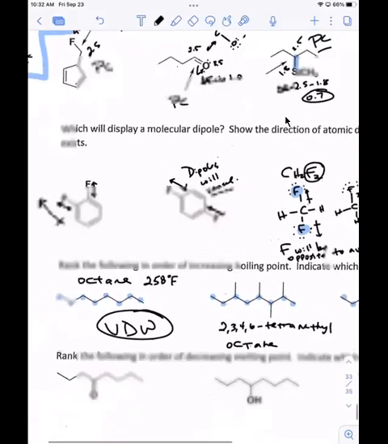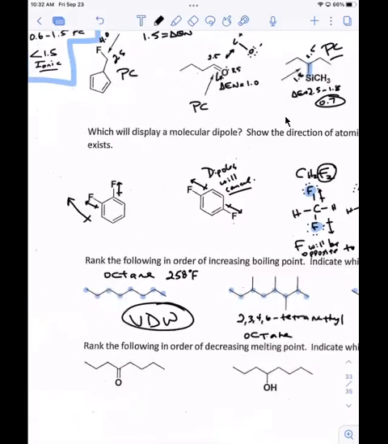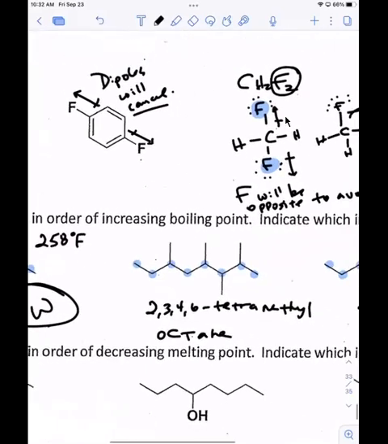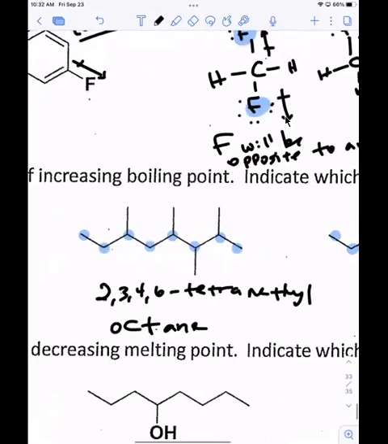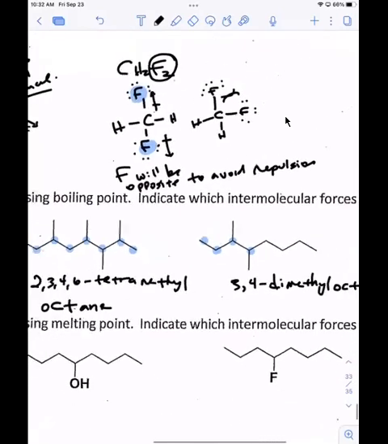All right. What about the next one? 2, 3, 4, 6 tetramethyl octane. And then what about the last one? Anybody got the last one?